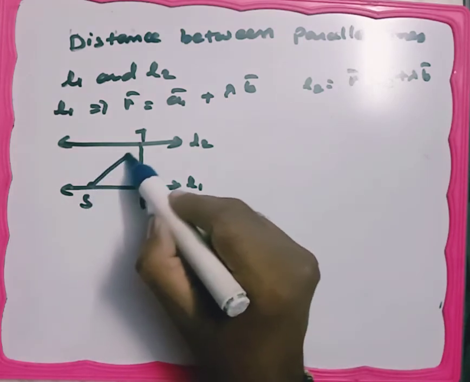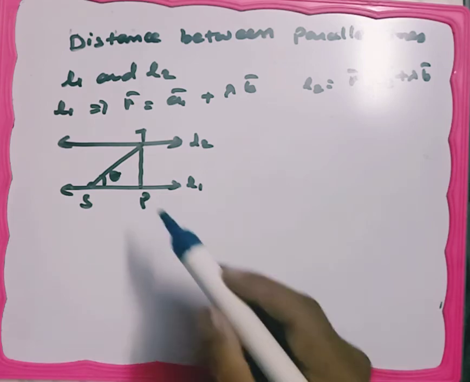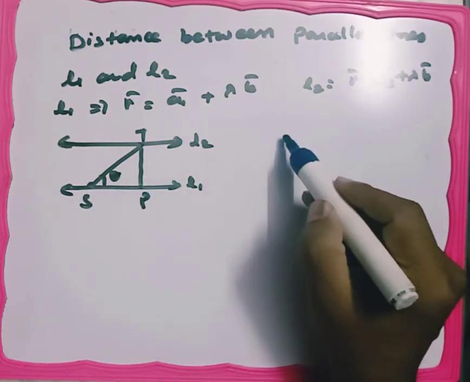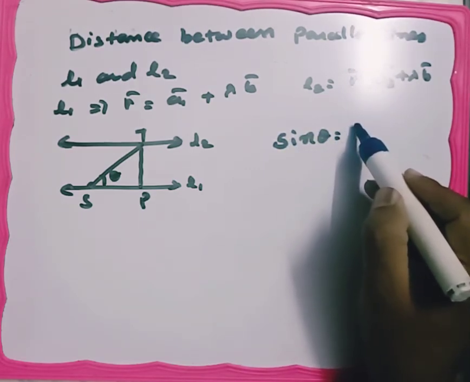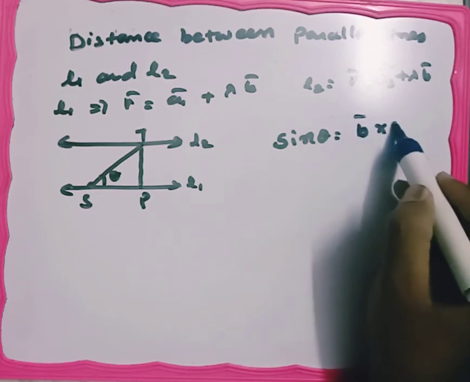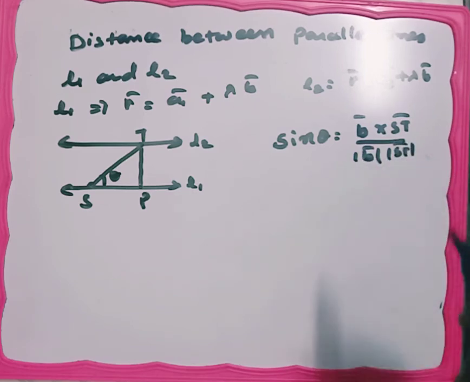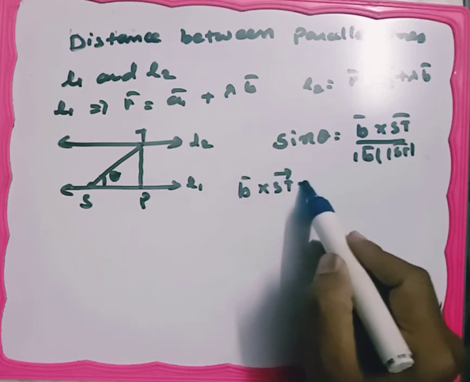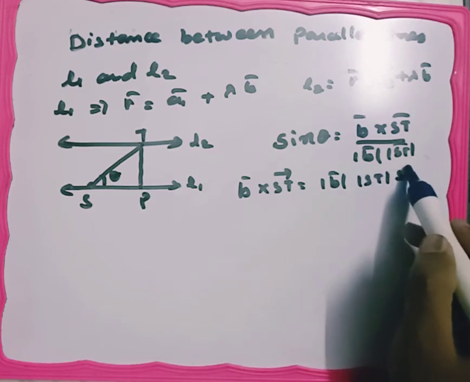Then ST makes the angle theta with B bar. By the formula, the angle between ST and B bar gives sin theta equals magnitude of B bar cross ST upon magnitude B bar magnitude ST. And so B bar cross ST has magnitude B bar magnitude ST sin theta.